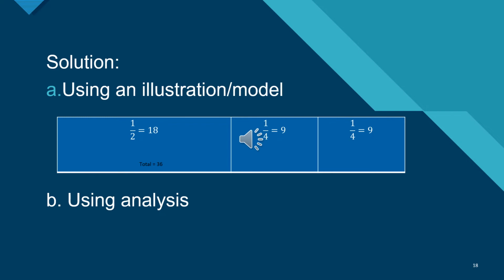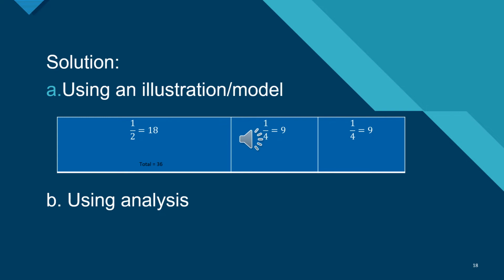Now in the problem, it's already given that Alan received nine mangoes, and that's equal to one-fourth of all the mangoes that Nilo picked. So one-fourth of all mangoes is equal to nine mangoes. The other one-fourth is of course also equal to nine.